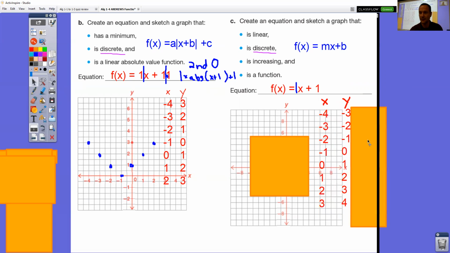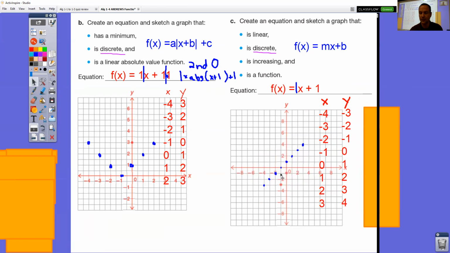When you go to type it into your calculator, you hit second and table to get your points. When you go to graph it, it would look like this. We're not connecting the dots because it is discrete. If it was decreasing, we'd have to put a negative number in front of the x, but it's increasing, so that's why we have a positive number in front of the x.